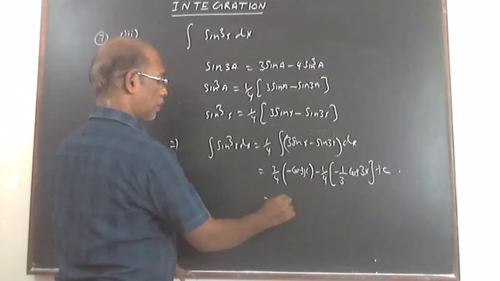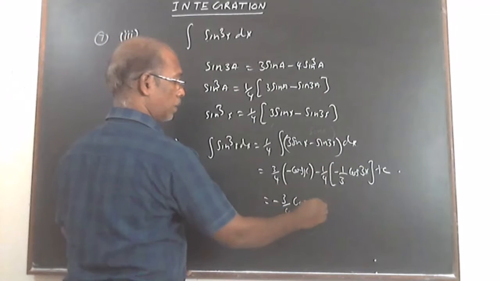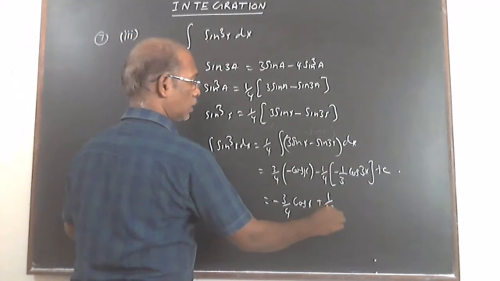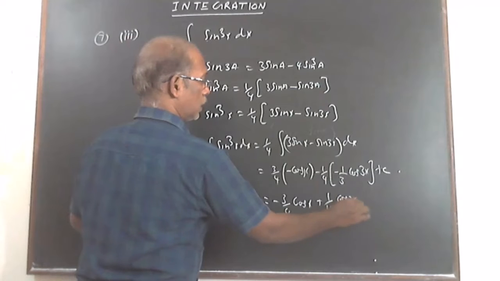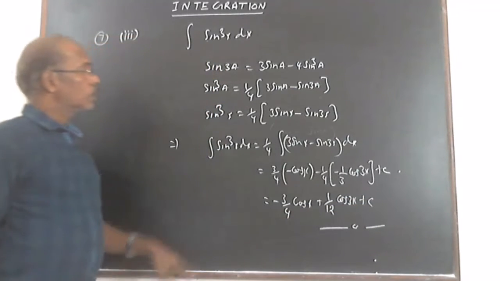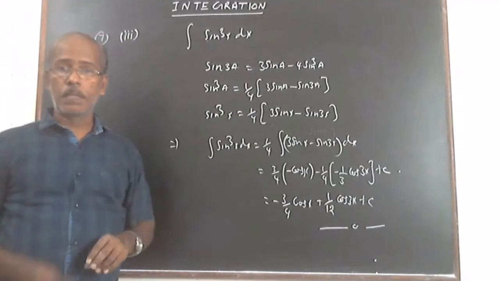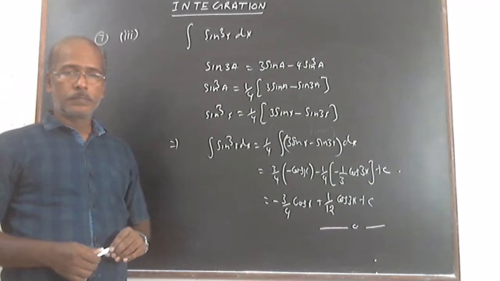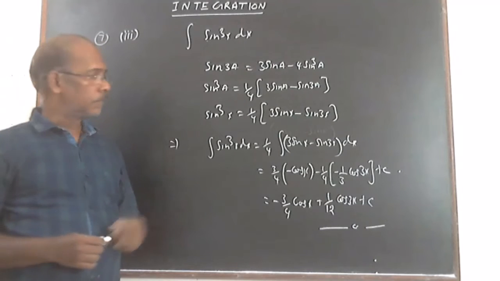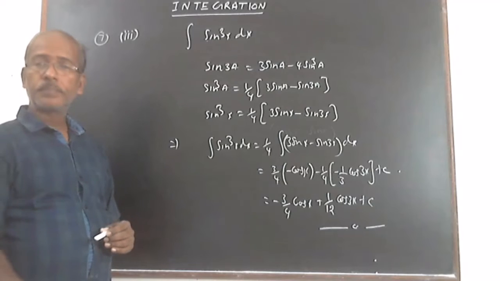Final answer: minus 3 by 4 cos x plus 1 over 12 cos 3x with the integral constant. So this is the answer to the third subdivision of example problem 7 from the NCERT book. Let's copy it. We'll go to the next example.